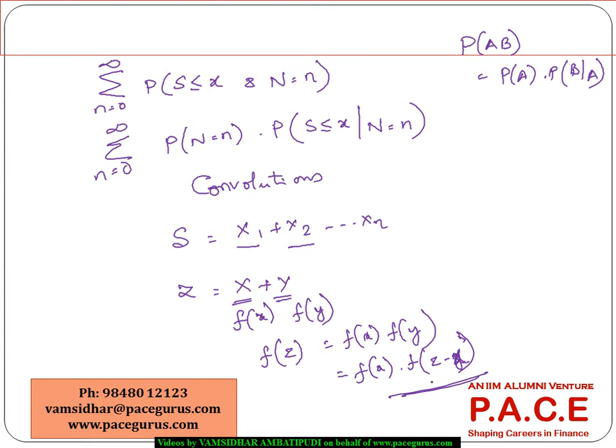So this is one way we can go ahead, and in case of convolution I can do a summation across all the values of x, and in case of continuous I'll do an integration over all the values of x, which means f of z directly comes out to me as the summation over all the x, f of x times capital F of z minus x. So this is what is going to come out as a part of the convolution.